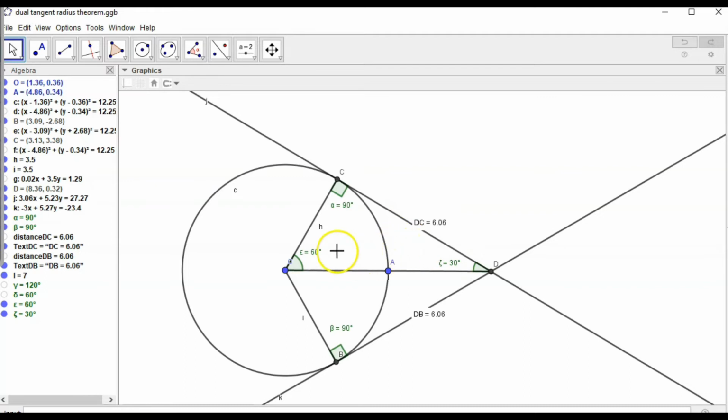So it tells you that when any straight line is drawn from the center of the circle to meet the point of intersection of the two tangents, it divides the angles there into two equal halves. These are the angular properties we've verified with respect to the dual tangent and dual radius intersection. So please take note of that.